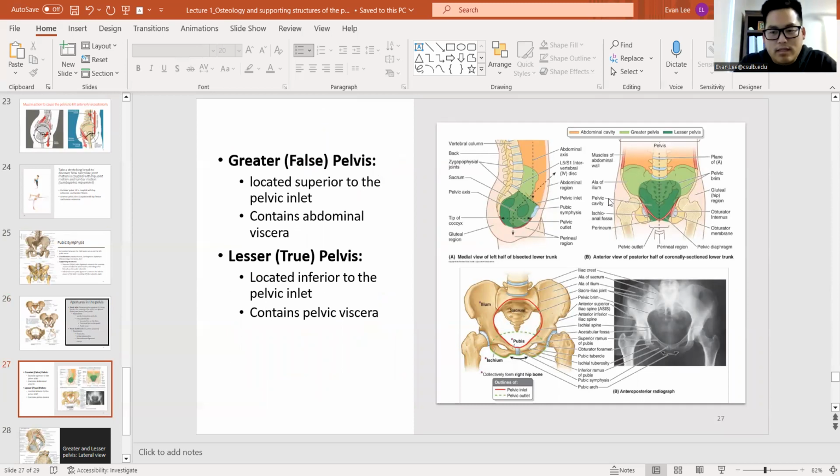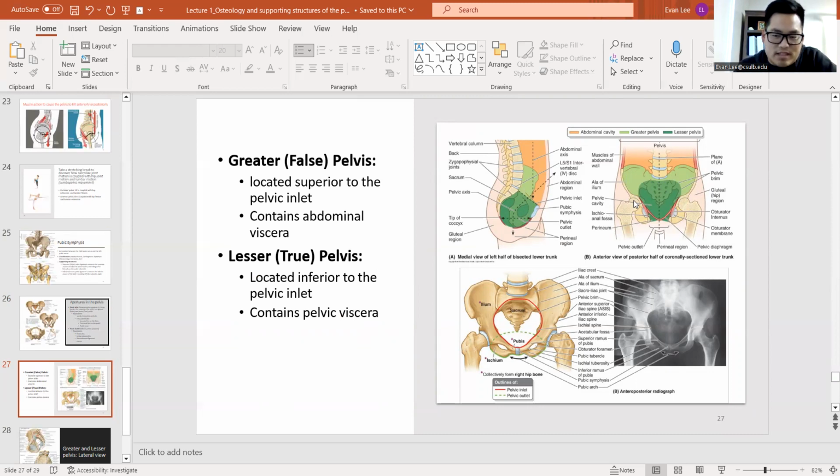You can see that in these colors, they're a little bit different. So the greater pelvis or false pelvis is formed by the iliac crest over here, all the way along the edge. But then the true pelvis is going to be in here, which is the pelvic brim. The pelvic brim is the actual space that can travel through here.